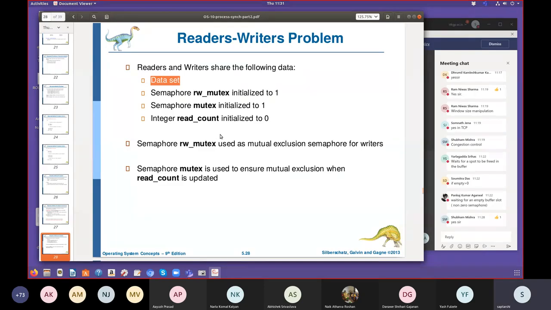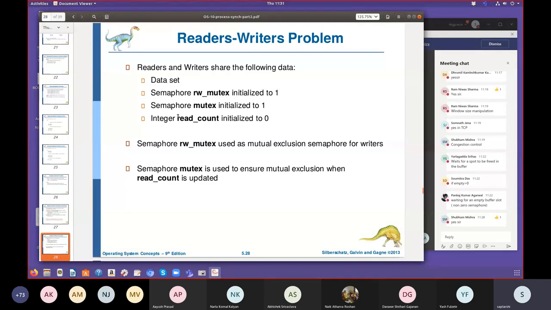Okay, I may have told something wrongly. Let me correct. When 5 readers are trying to read the shared dataset, there is no need for mutual exclusion. They can be allowed to read concurrently. But the problem occurs when a writer is trying to change it. Then there should be mutual exclusion. So this rw_mutex is basically used for mutual exclusion among the writers.